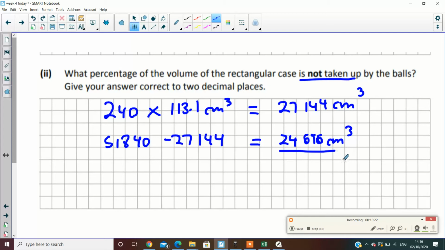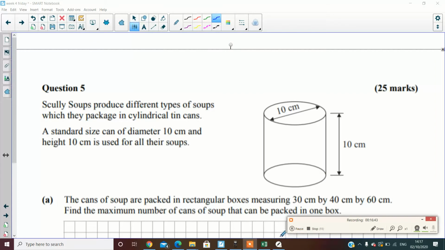Next thing is you divide that by 51,840. Everybody cool with that? And you multiply that by 100 to find out what percentage it is, and it's 47.64%. That's similar to the question we just did.